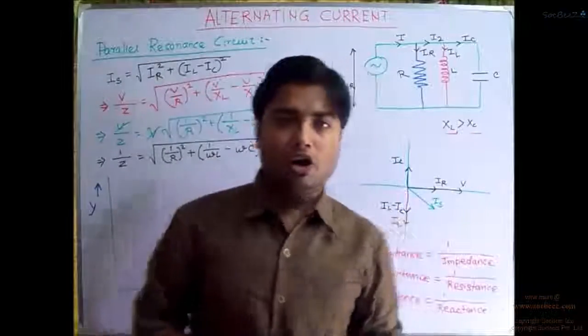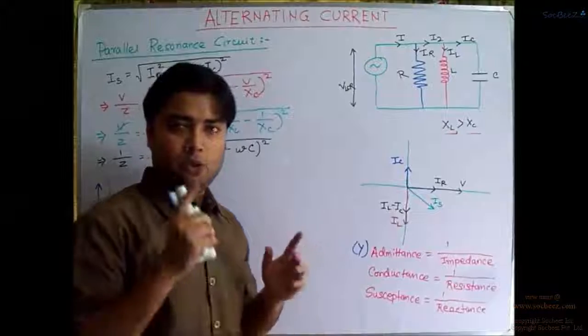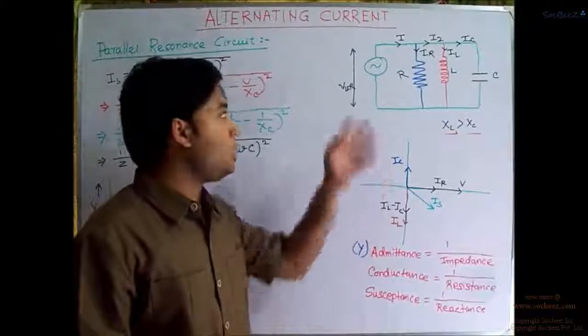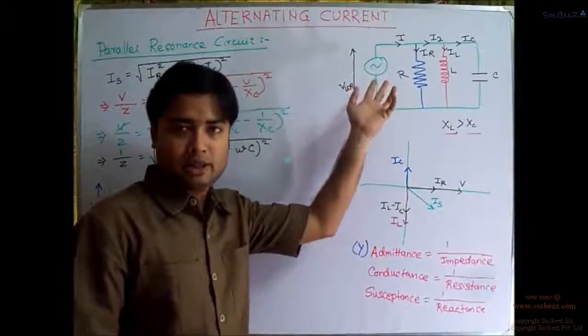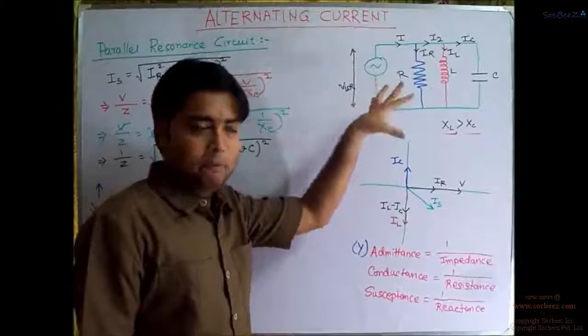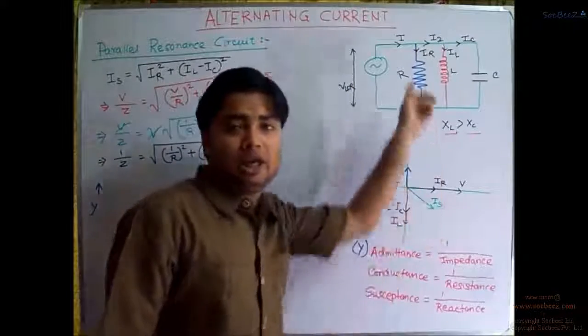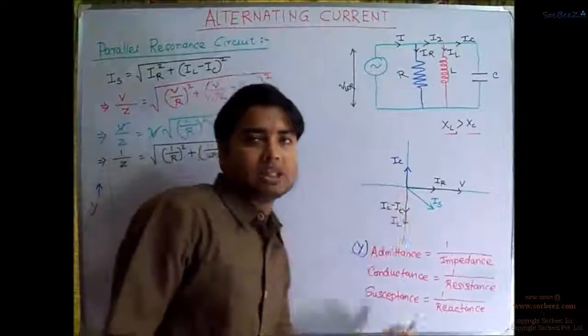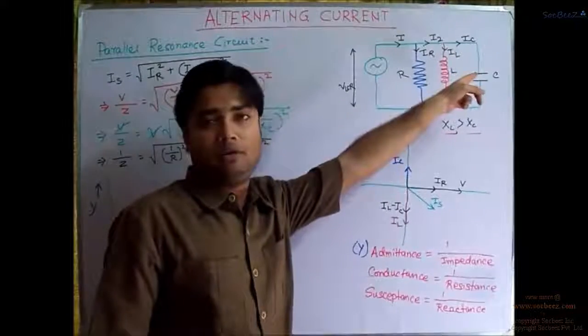Why? Because we know that omega is simply equal to 2 pi f, where f is the frequency of this AC power supply, and there will come a point when the susceptance for the inductor will simply be equal to the susceptance of the capacitor, right?